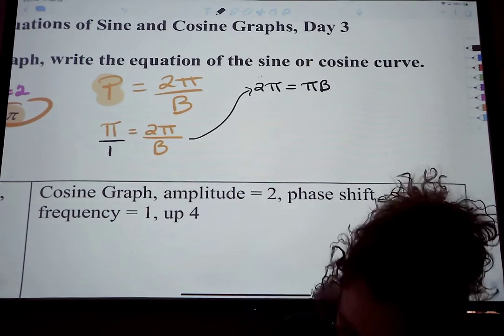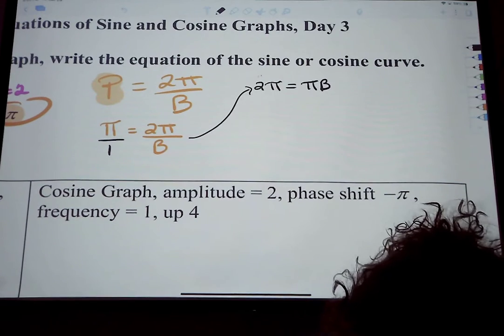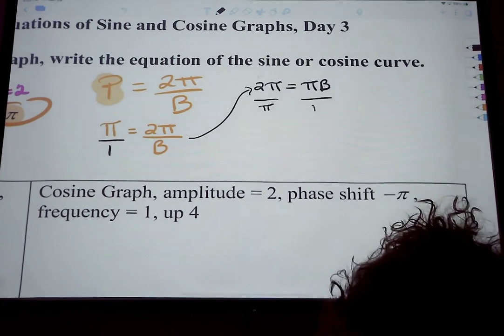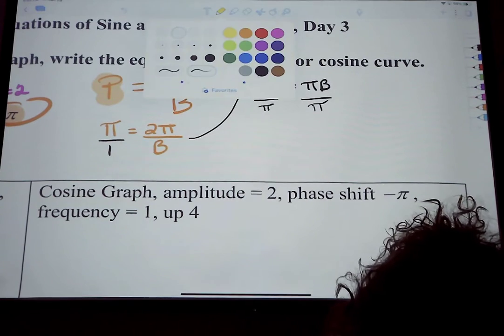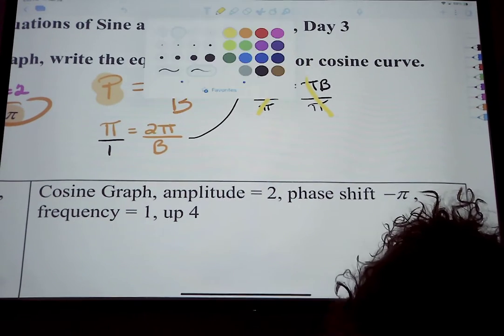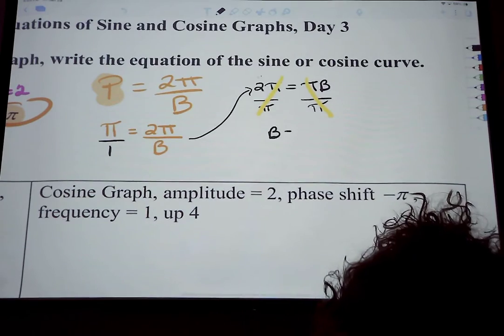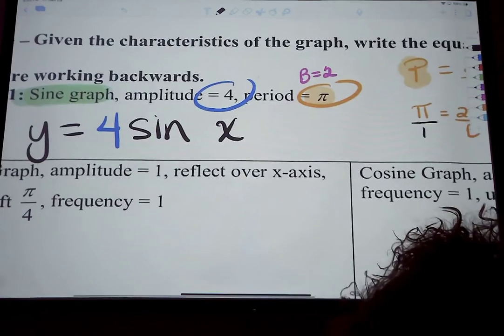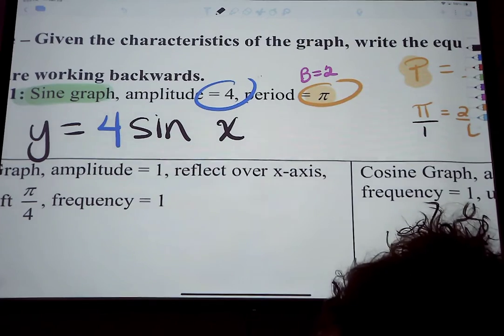I'm solving for b, so I divide both sides by pi, and they cancel. I'm left with b equals 2.